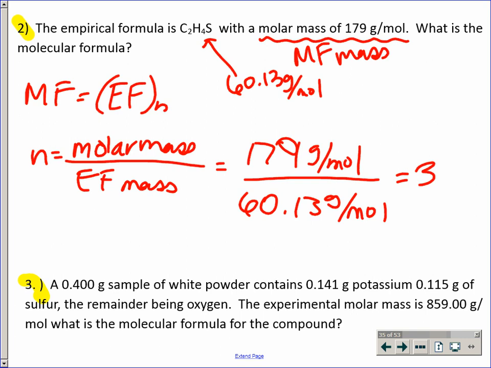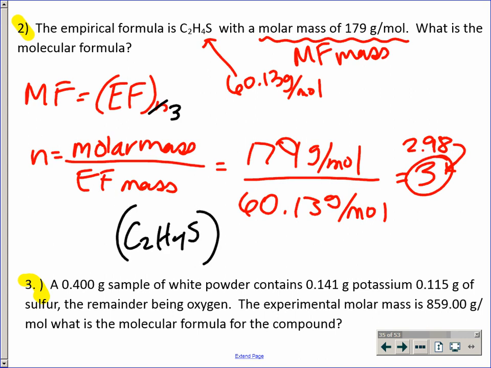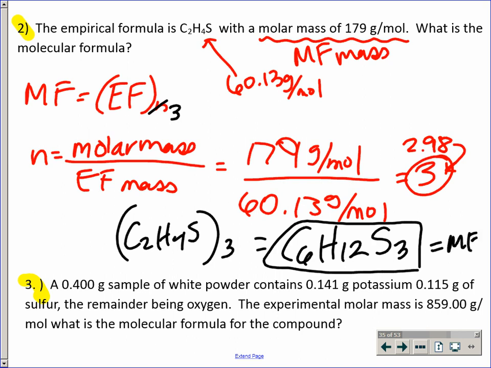What is that exactly, though? 2.98. So that certainly can be rounded up to 3. What's the significance of this 3, guys? The multiplier. So C2H4S with a multiple of 3 gives us C6H12S3. And this is called the molecular formula. Given this data, we process it, and we get this molecular formula.